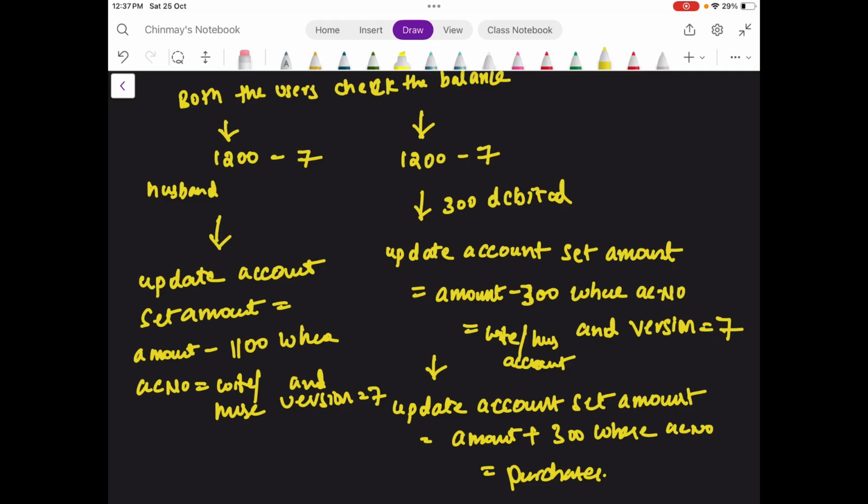When the amount got debited, the version is updated to 8.